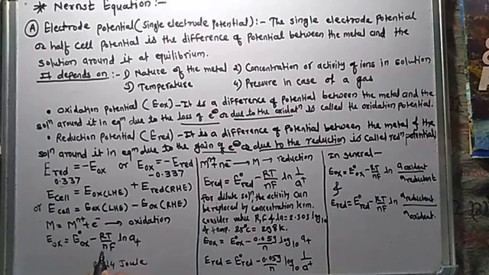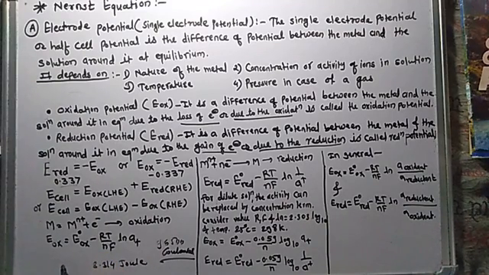N is the number of electrons involved in the oxidation reaction or oxidation process. F is the Faraday's constant, and we already know its value is 96500 coulombs. Okay, this is for the oxidation Nernst equation.